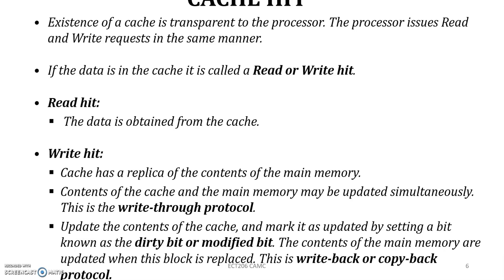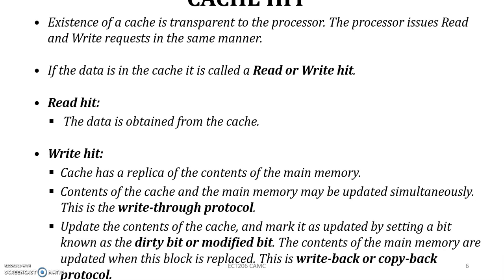That means we store the data only to the cache memory. The content of the main memory is updated when this block is replaced. When the cache is full, we replace this block to allocate a new block to the cache memory. At the time of replacing, we alter the content of the main memory. That protocol is called write back or copy back protocol.